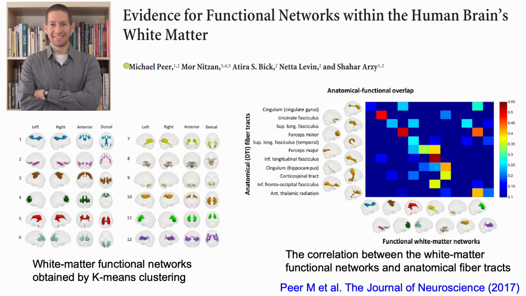In another study by Michael Pierre, which was published in Journal of Neuroscience, they used the white matter signal and used k-means clustering to show that the white matter, just like the gray matter, had distinct networks.